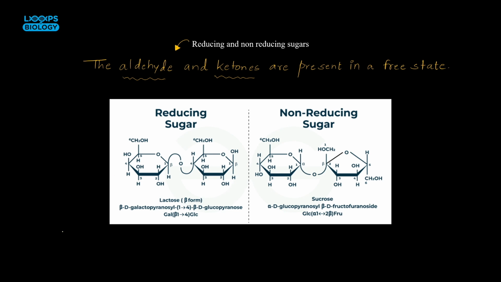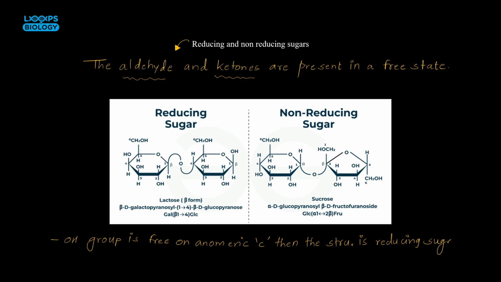Then the next definition is: when the OH group is free on the anomeric carbon, the structure is reducing sugar. Otherwise it will be a non-reducing sugar. Let's see what will happen.